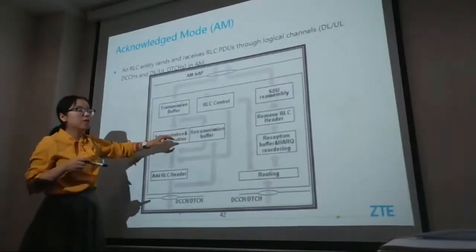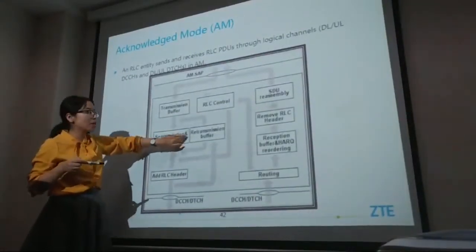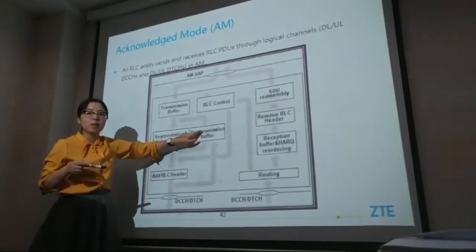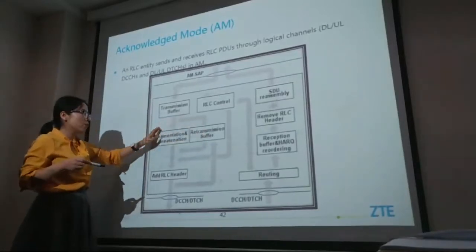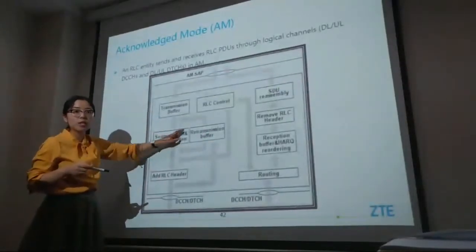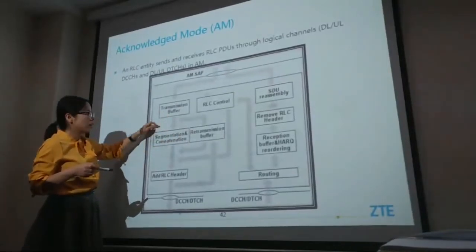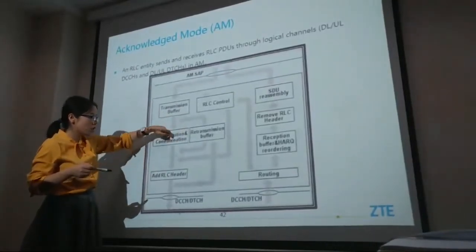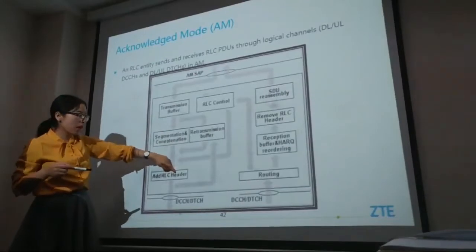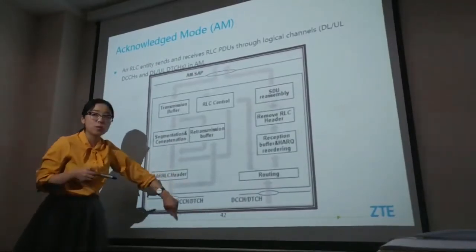So here, if the PDU size is less than this data packet, I need to resegment it, perform the resegmentation, add the RLC header and retransmit it.